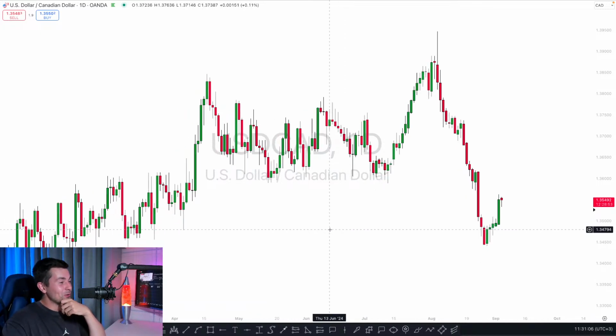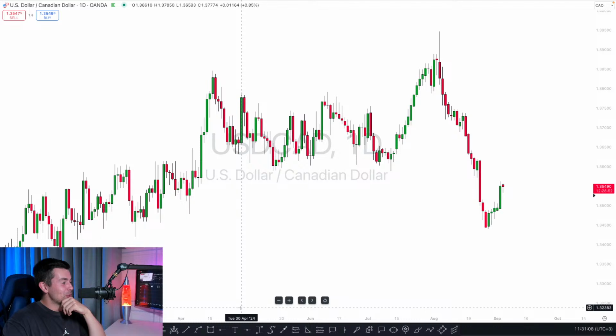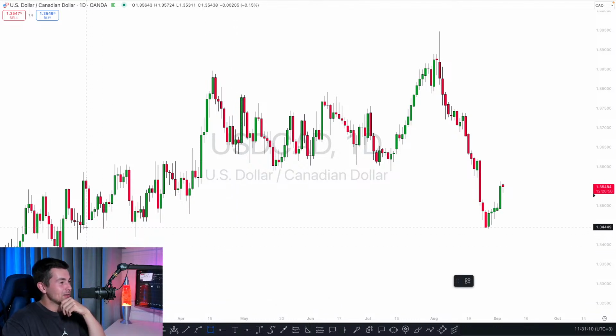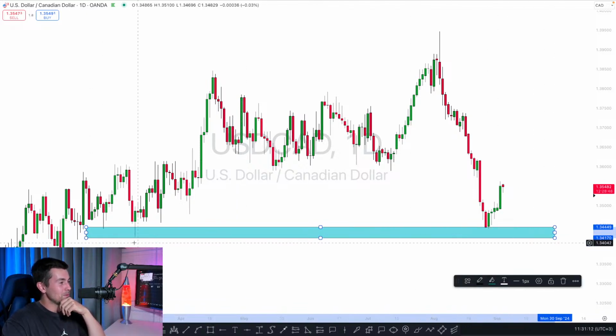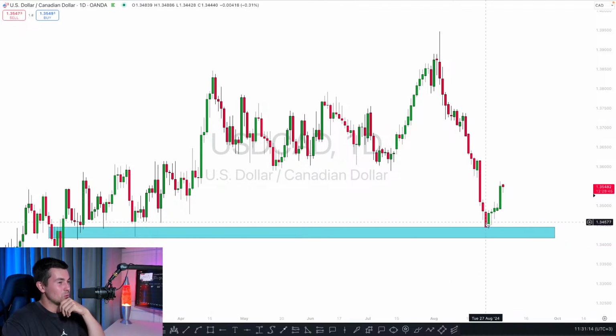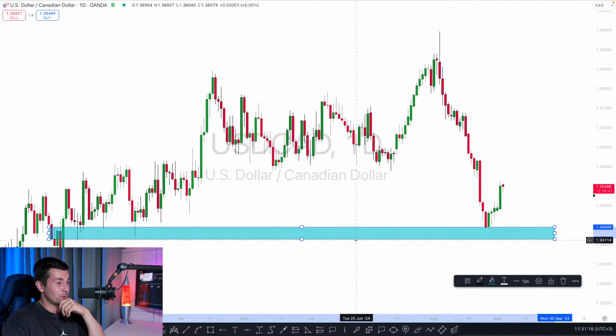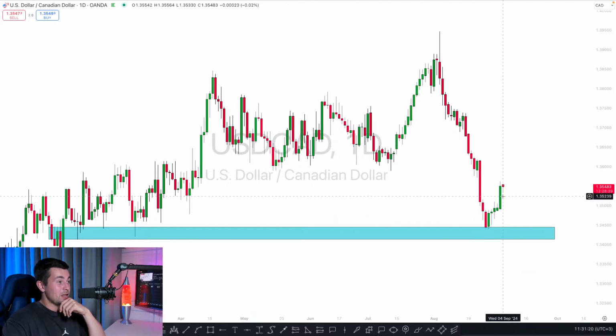So on dollar CAD pair we have a very strong key support here that the market recently reached and from where the market started to grow. Yes, we have a very strong support right here that was respected, and at the moment the pair is testing this.